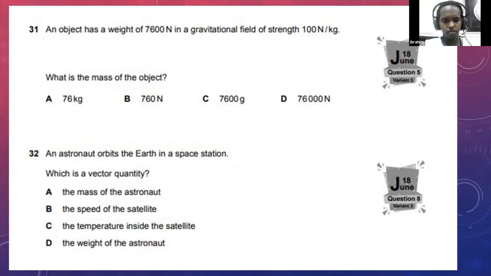Ibrahim? Yes. The object has a weight of 7,600 newtons and the gravitational field strength is 100 newtons per kilogram. What is the mass of this object?